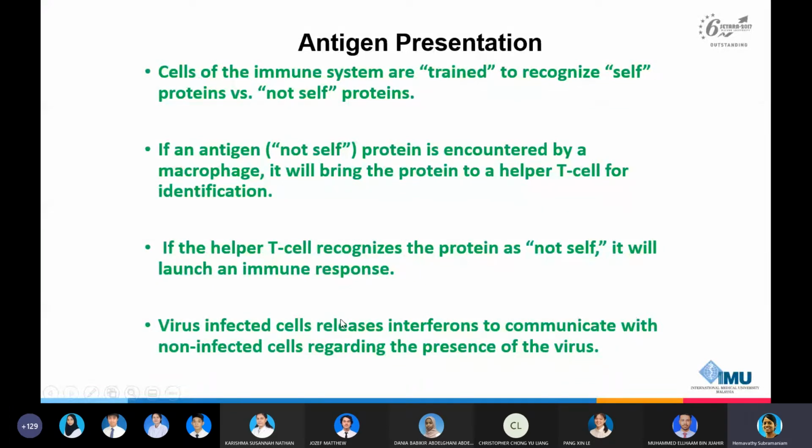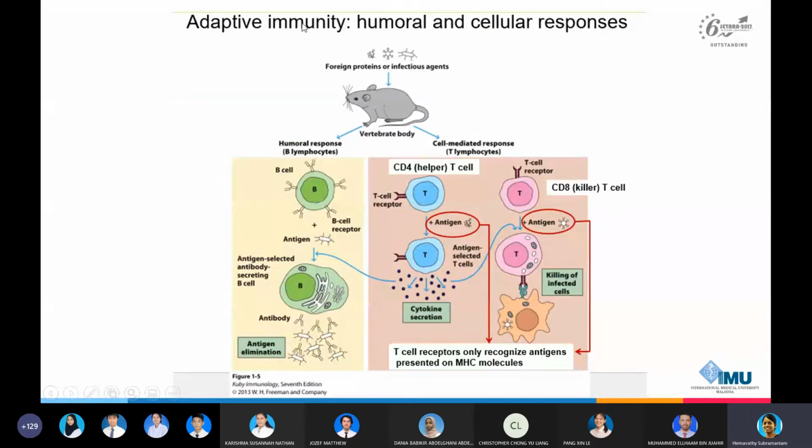So we have a depiction here for adaptive immunity. We know that two key players are your B and T cells. The response by B cells, whereby it releases antibody, is known as humoral response. And the response by your T cells is known as cell-mediated immunity.